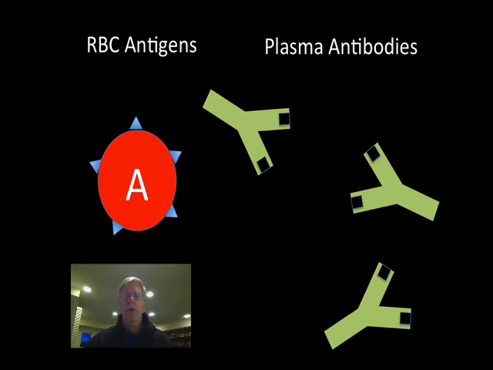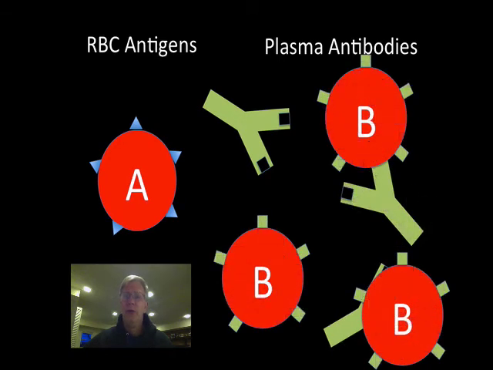So what would happen if a person with type A blood, who has the B antibodies in the plasma, was given type B blood? Let's say a transfusion was given to this person and they were given type B blood.